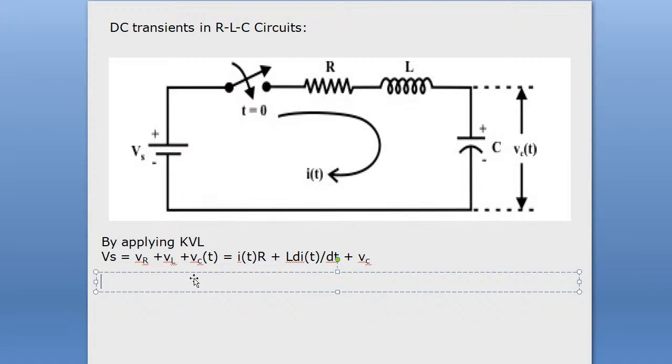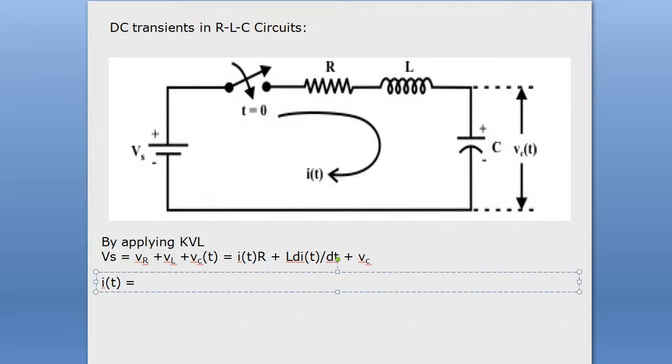So let me write it. One thing, let me tell you: you can find the expression of the transient current for this circuit, I of t, or you can find the expression of the transient voltage. However, in this case I have considered the transient voltage.